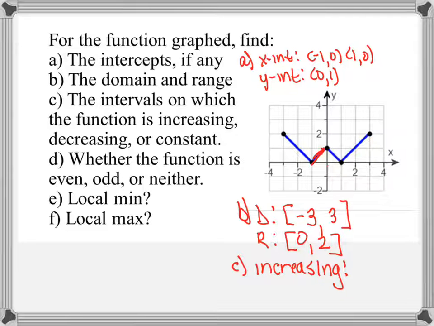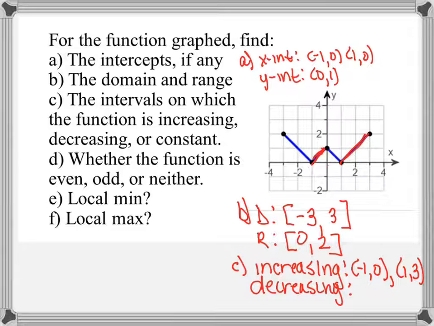So it's increasing from x equals -1 to x equals 0. And for these intervals, we will not include the endpoints. So these are considered open intervals. So it's increasing from -1 to 0, and then we have a second interval here from 1 to 3.